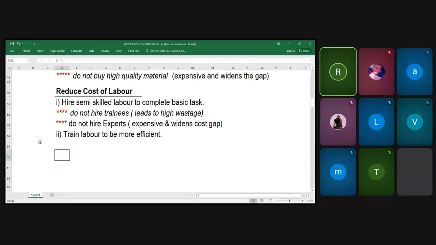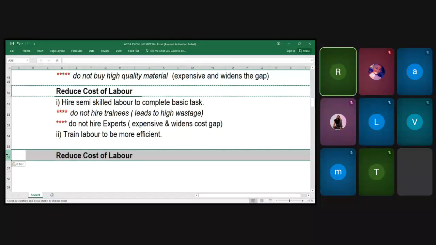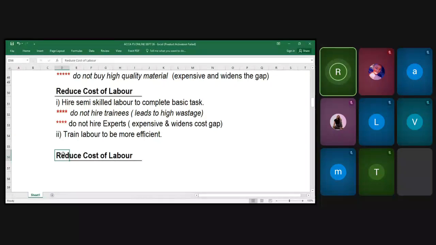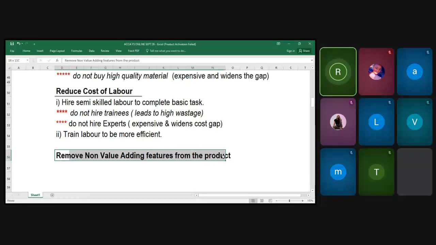All right, another item that we can look at. Right, we are going to look at other aspects: remove non-value adding features from the product.